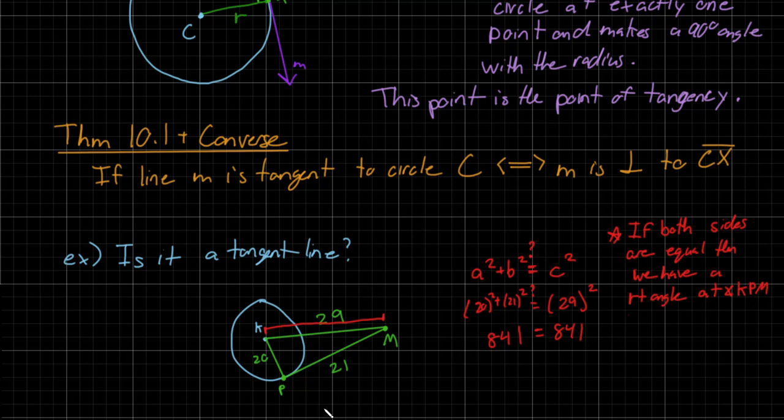Yes, where is my right angle? Is it over here? No, where is it? Yep, KPM. So it's right there on the circle where the tangent line connects with the radius.